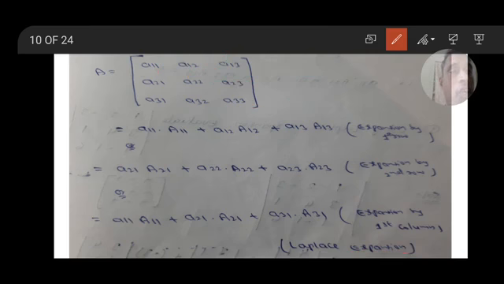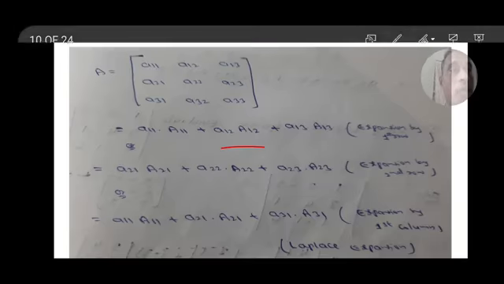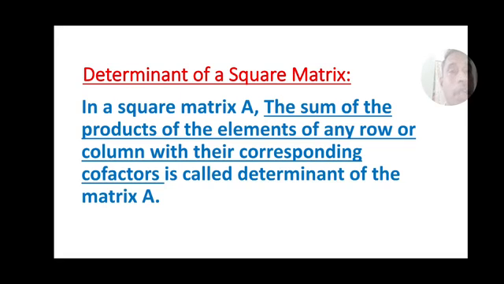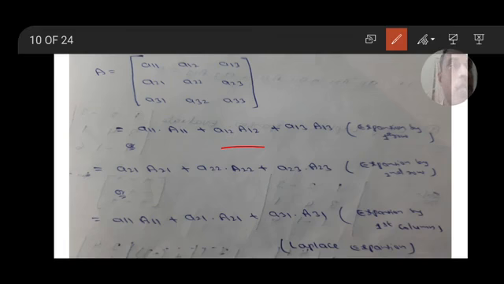The determinant of a matrix is the sum of the products of the elements of any row or a column with their corresponding cofactors. Generally we will take the first row elements, which are multiplied with the corresponding cofactors.